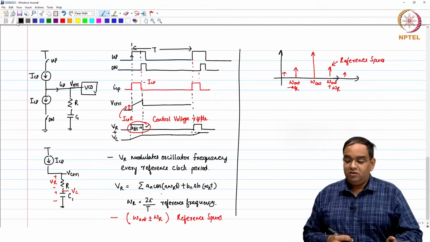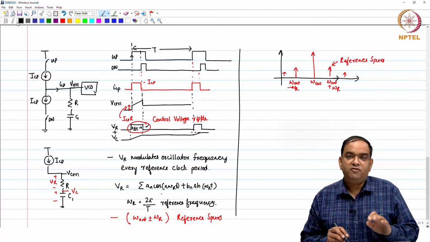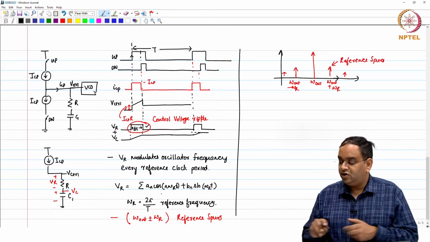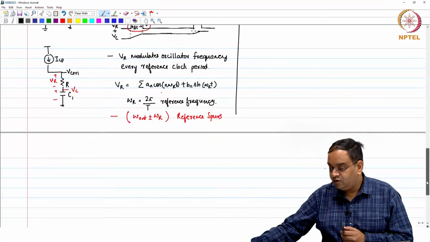So, now what we need to do is this: we cannot avoid the phase error information coming from the PFD plus charge pump at every reference frequency; that is not avoidable. So, what we need to do is the following.